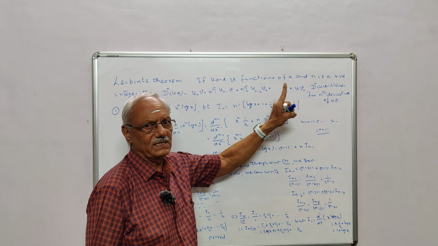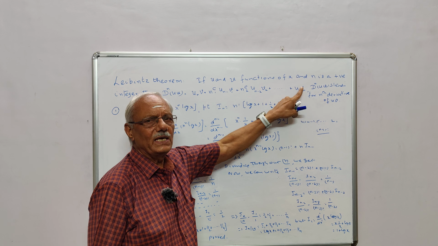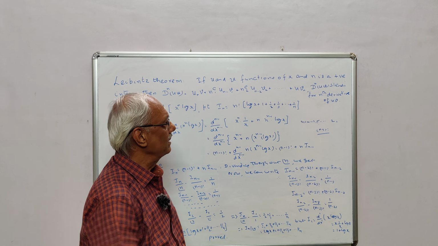Here nCn is 1, u into the nth derivative of v.